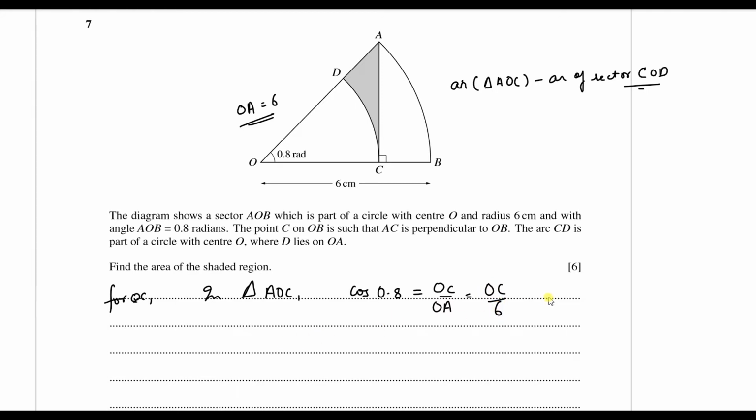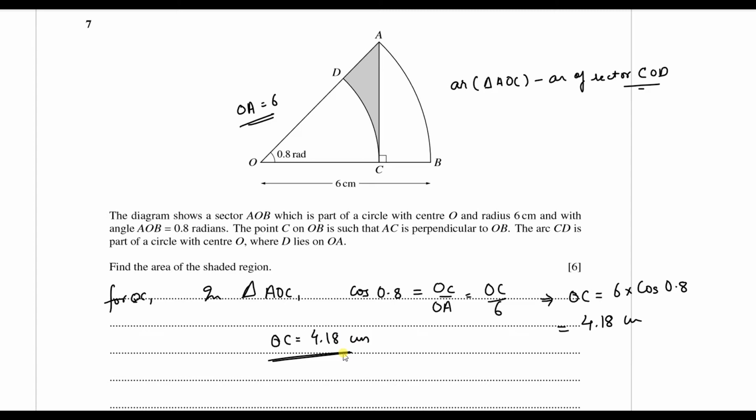So from here OC is 6 times cos of 0.8, which will be 4.180 and so on. We'll write only 3 significant figures, that is 4.18 centimeters. So now we got OC as 4.18 centimeters.